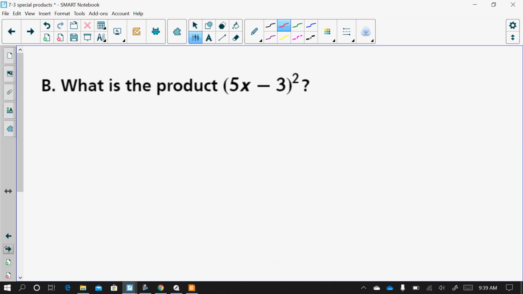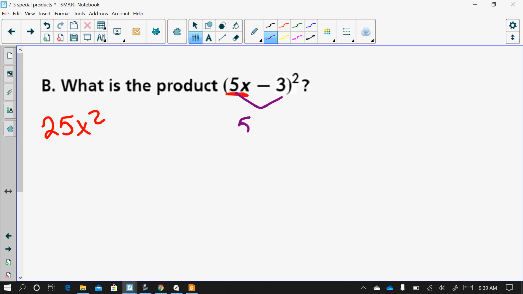So let's look at one together. (5x minus 3) squared. Again, we can do the shortcut or we could FOIL. Shortcut: square the first term. So it's (5x) squared, which is 25x squared. Then to get the middle, multiply these two things together.